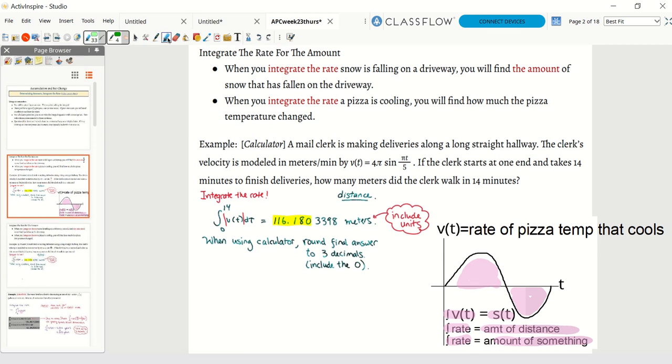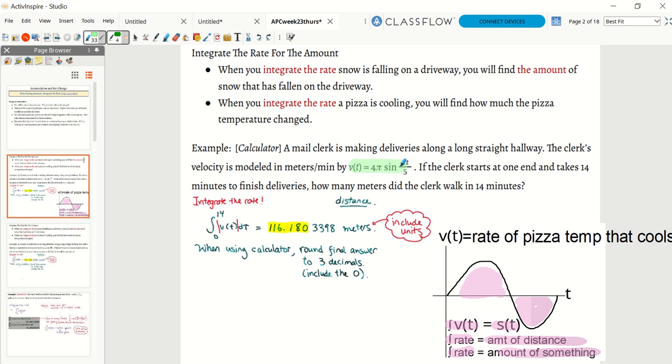You can pause it and read it for yourself, but basically we have a velocity function, and it asks us for the distance. So this is actually the same exact context that we did thus far. We're basically going to integrate this velocity function for the time of 0 to 14 minutes, okay? And because it's asking for distance, we're going to do the absolute value.